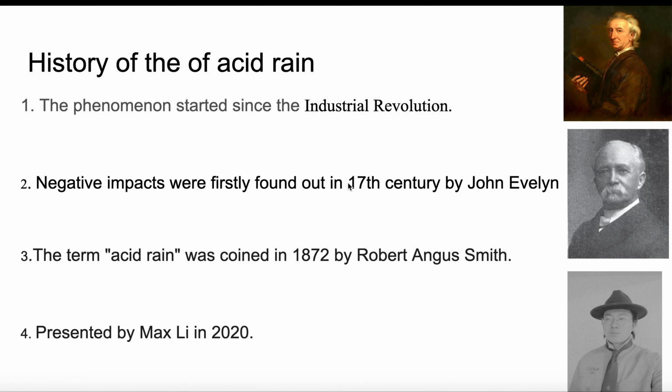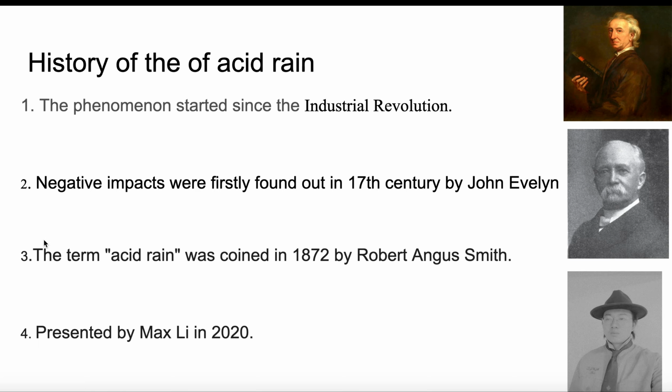So just in the 17th century, just after the Industrial Revolution, negative impacts were first observed by a person called John Elwin. And here is a picture of him on the top of the slide. The negative impacts here mean, for example, poor condition of limestones. This is one example.